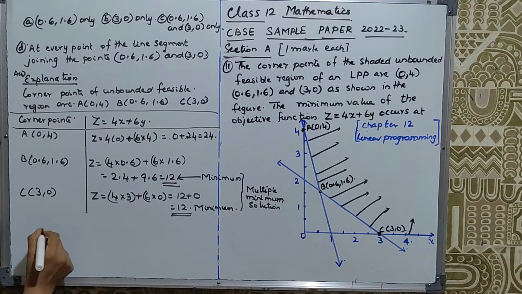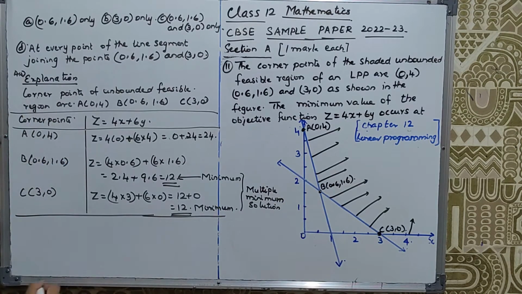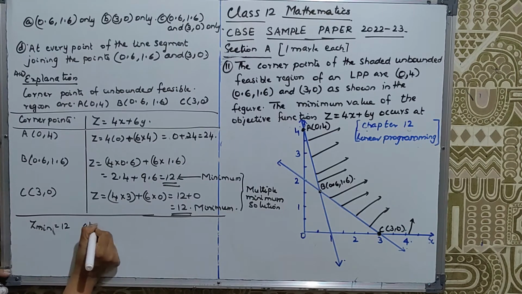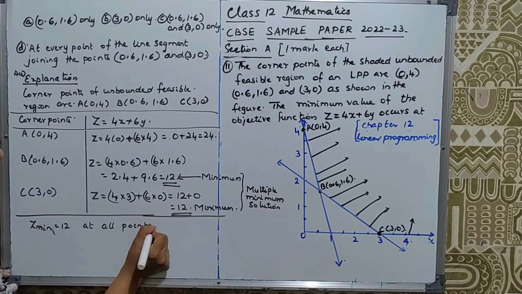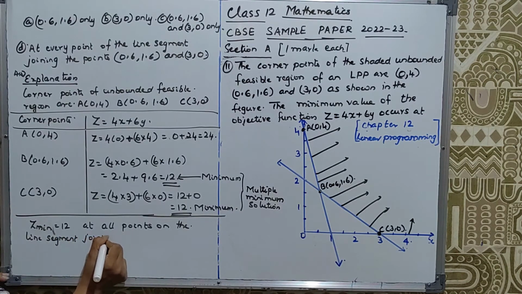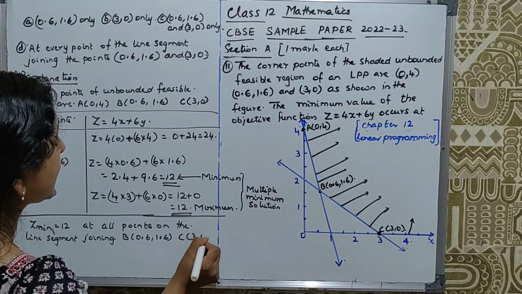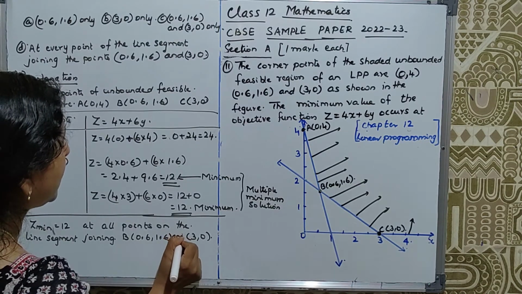Solution. So now we'll do the verification, whether Z minimum equal to 12 holds at all points on the line segment joining B (0, 6), (1.6) and C (3, 0).